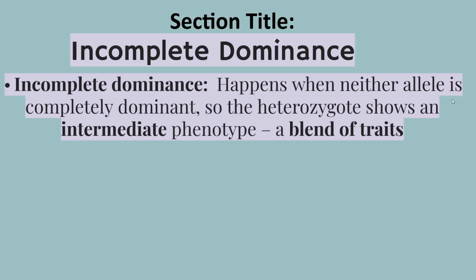During incomplete dominance, neither allele is completely dominant, thus the word incomplete dominance. So you end up with a heterozygote that shows an intermediate phenotype or a blend of the traits.